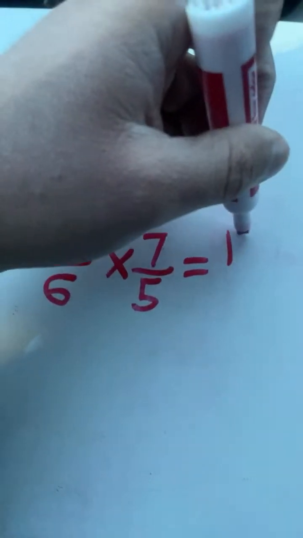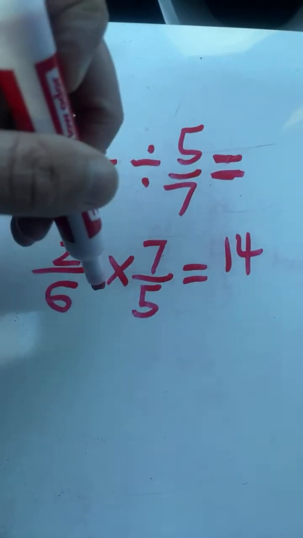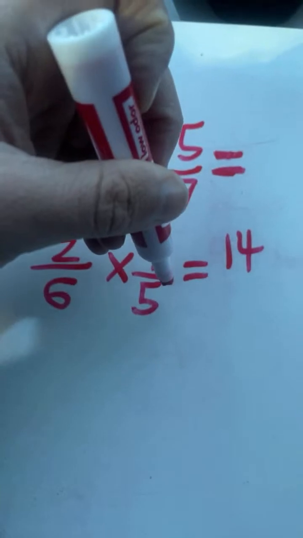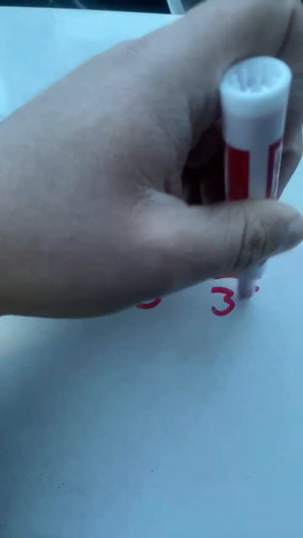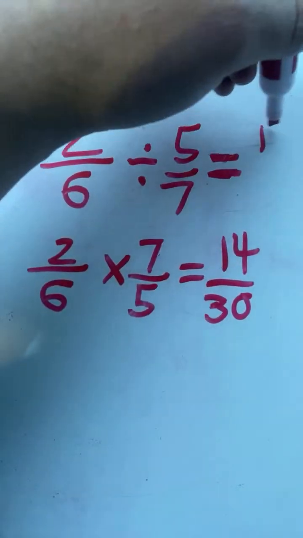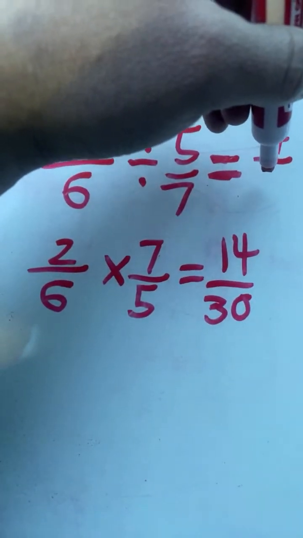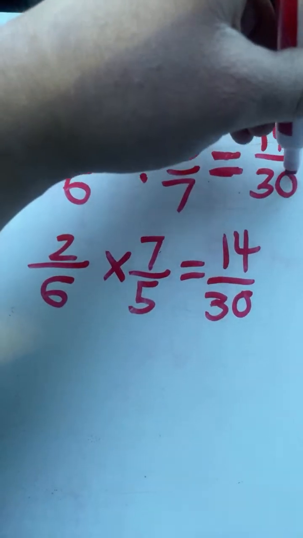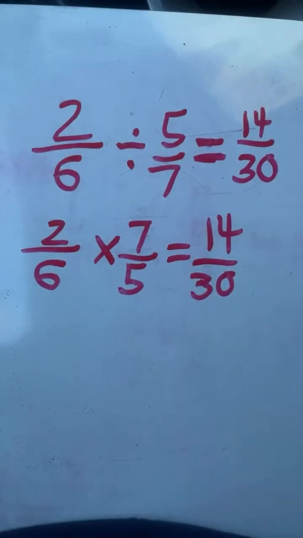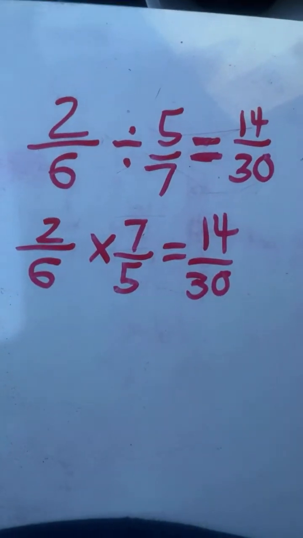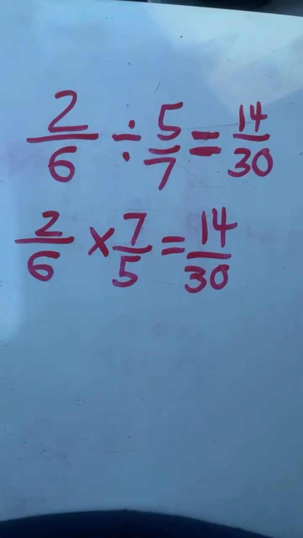Two times 7 equals 14. 6 times 5 equals 30. And our answer is 14/30. So the person in the chat, you got the numerator right. You were a little off on the denominator, but the numerator you got correct.